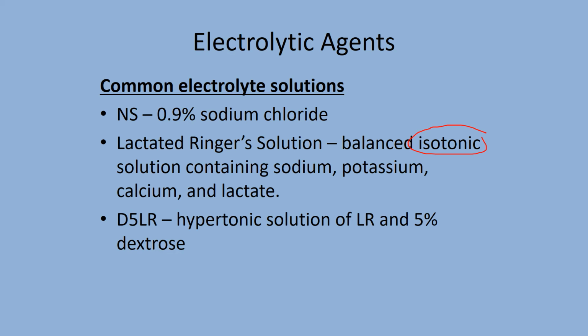If you are dehydrated, they might just give you NS. But if you're severely dehydrated and all your cells lost water, then they'll give you D5LR. The salt will stay on the outside to hydrate you, but once dextrose enters the cell, it'll take some water with it. That's how we rehydrate you from the inside.